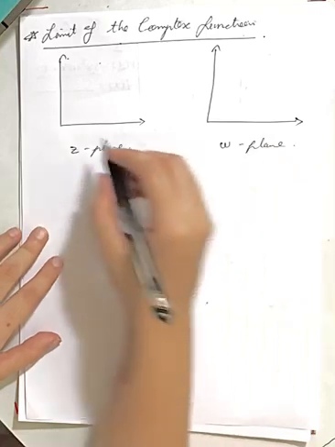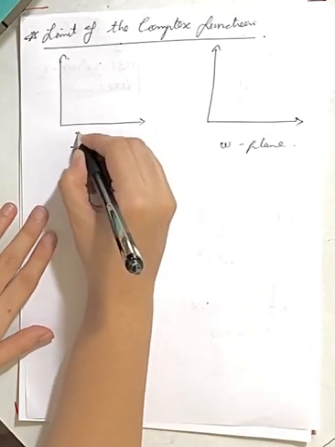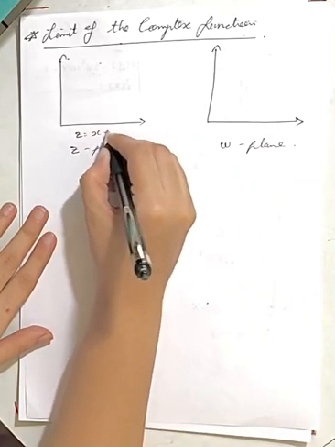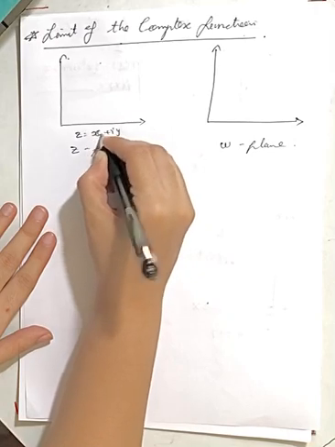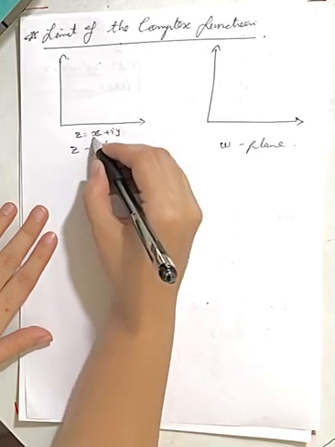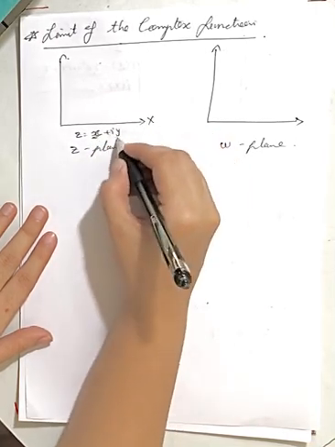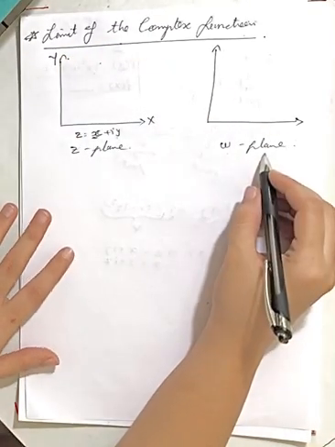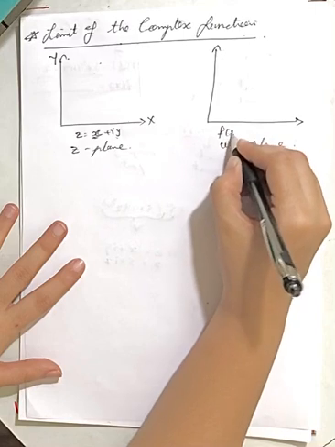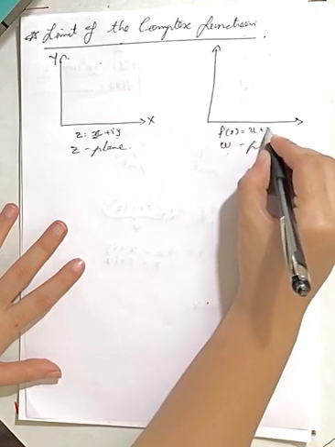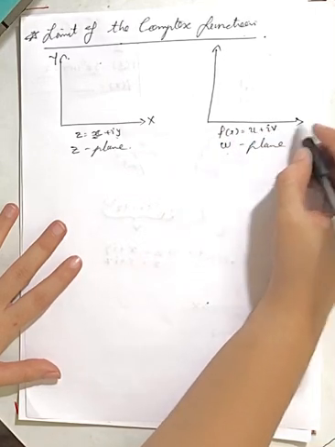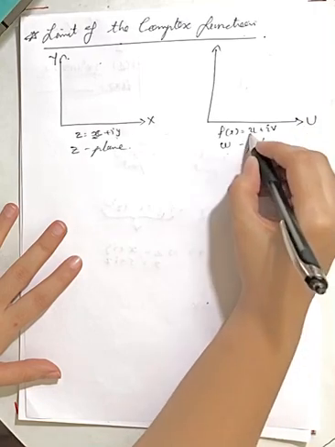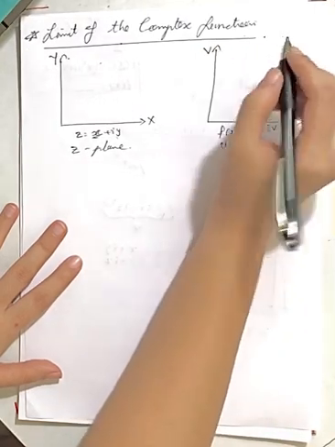The z plane has a variable z equal to x plus iy. Corresponding to this variable, for x we have the x axis and for y we have the y axis. The w plane is f of z. So f of z has the structure u plus iv, so it will have corresponding u and v axes.